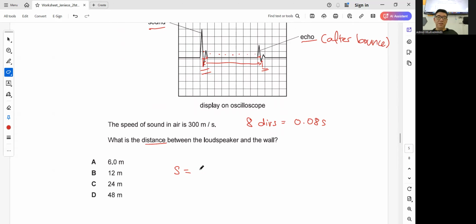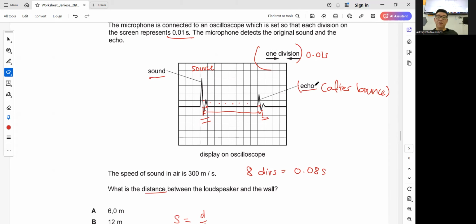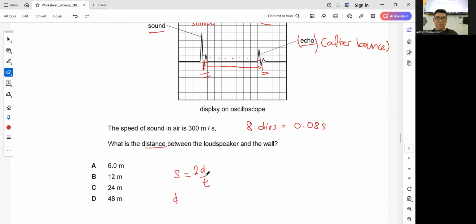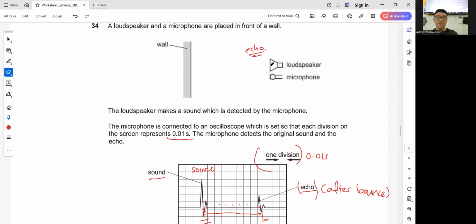Now, if you're thinking to use this, I would say there'll be a mistake here because this is the echo. Echo is 2 times the distance because the distance that you produce here is considered as D, but it will bounce back.